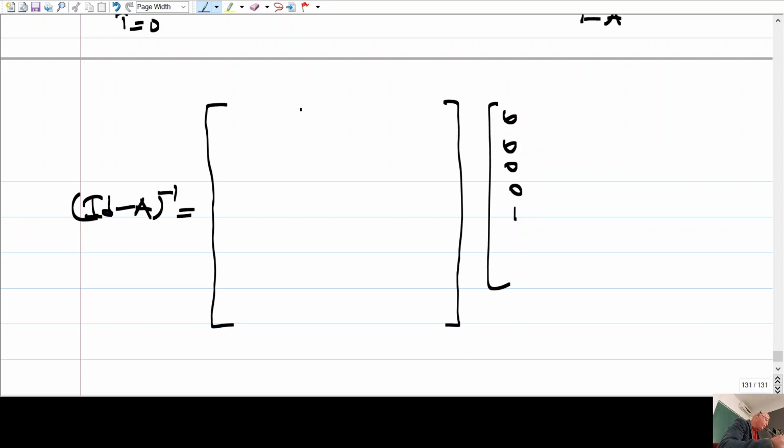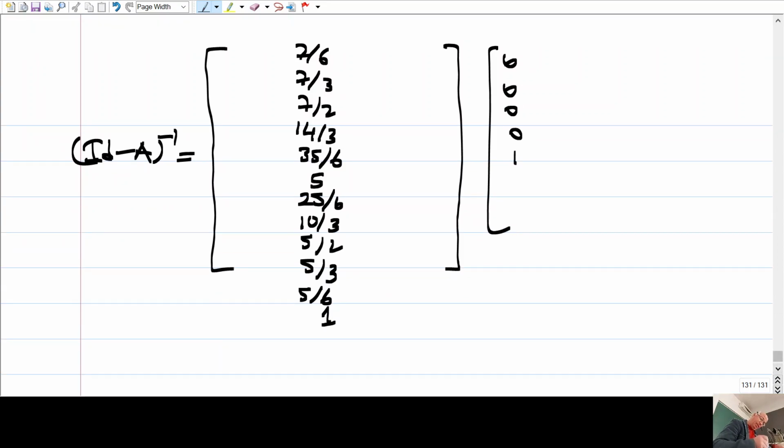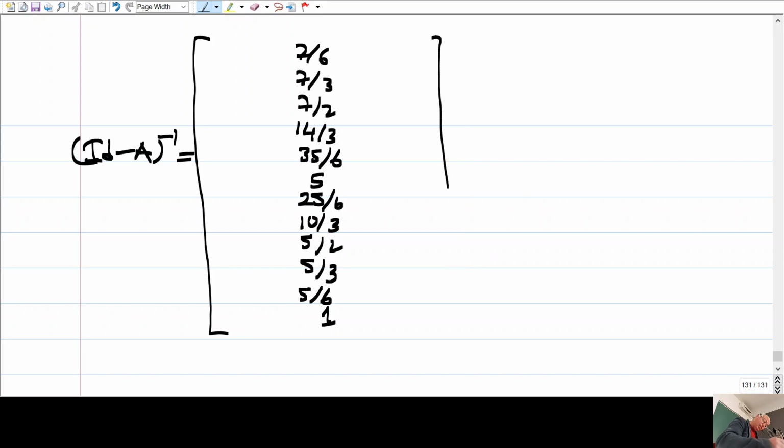So I need the fifth column of this, and the entries are like this: 7 over 6, 7 over 3, 7 over 2, 14 over 3, 35 over 6, 5, 25 over 6, 10 over 3, 5 over 2, 5 over 3, 5 over 6, and 1. So this is the fifth column.